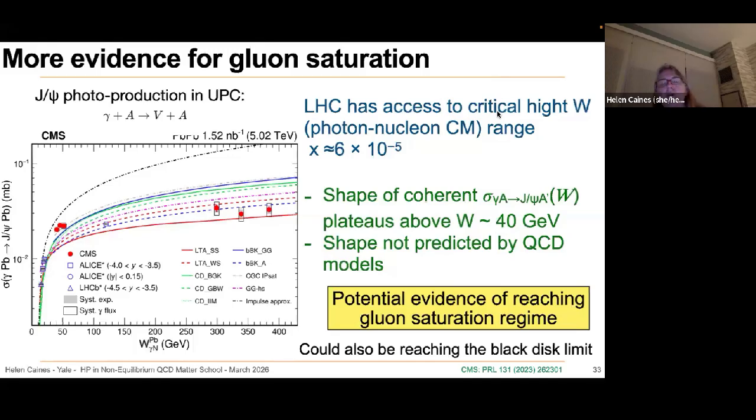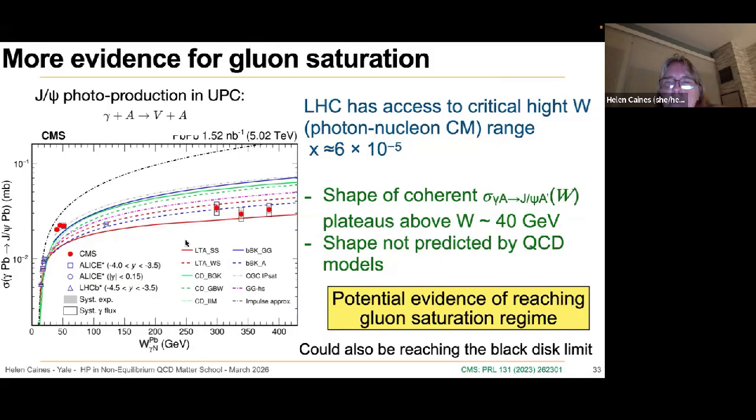And if you look at the W, the photon-nucleon center of mass, because we're having this interaction of a photon with an A, you can think of it as an asymmetric collision. The photon field of one of the lead nuclei interacts with the actual lead nuclei and produces a J/psi plus some other stuff.